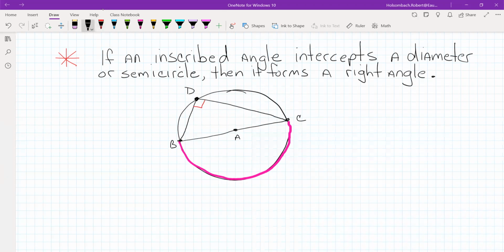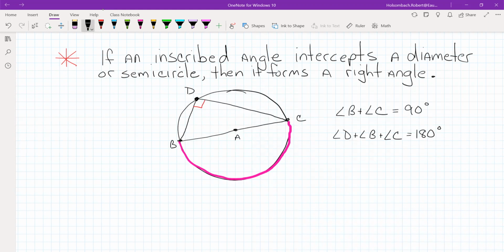In this case, angle B plus angle C equals 90 degrees. Angle D plus angle B plus angle C equals 180 degrees.